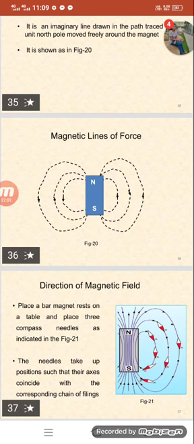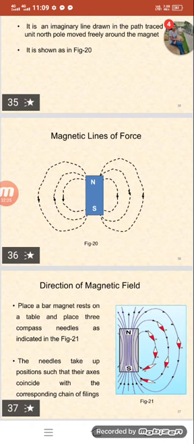Now, place a bar magnet on the table and place three compass needles as indicated in the figure. We are keeping compass needles surrounding this bar magnet, and these needles indicate the directions as shown in the figure.